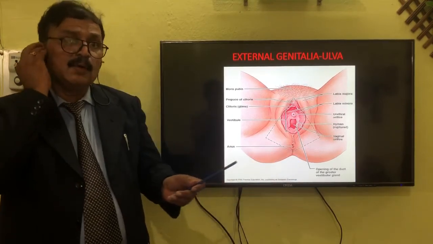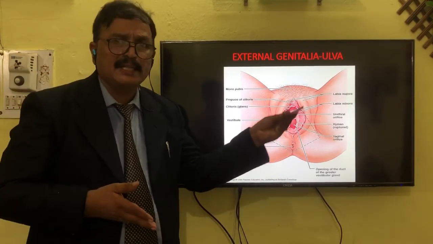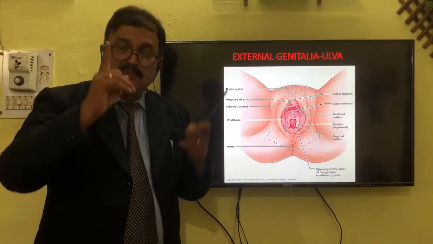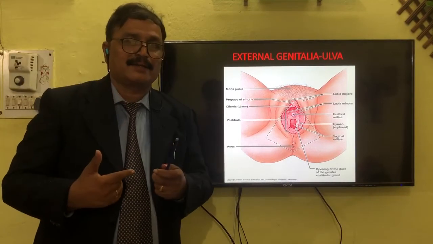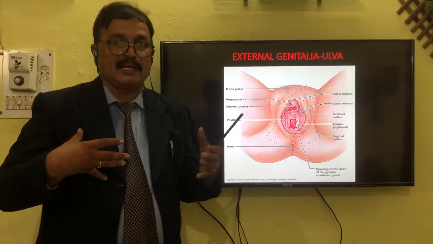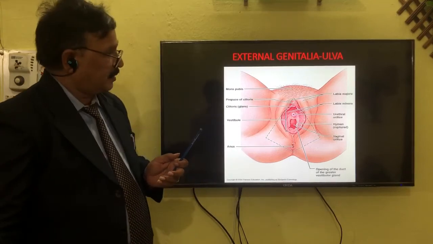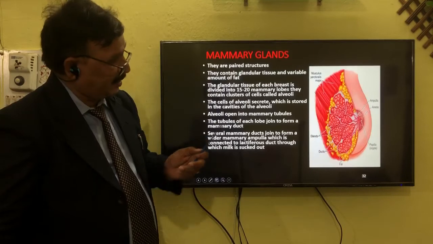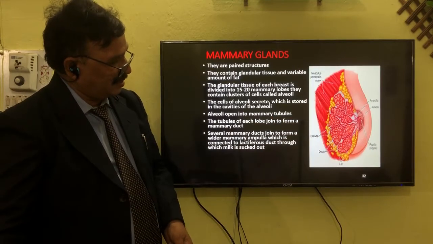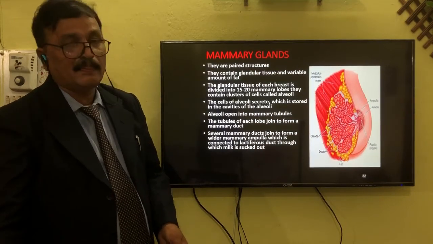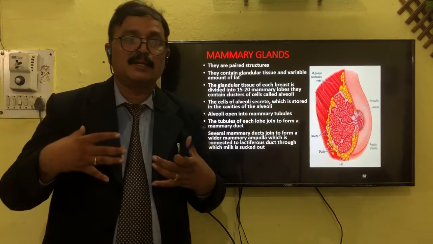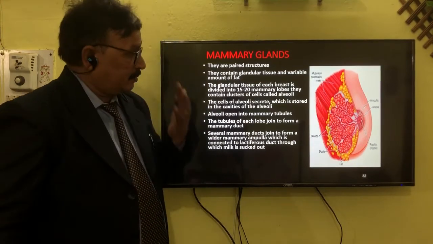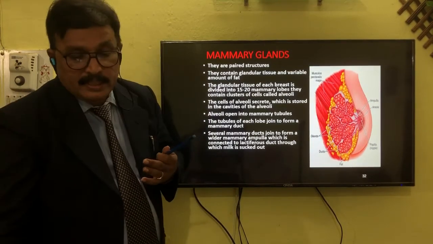But here, who will feed the baby? Do all these organs feed the baby? No. For that, there is another organ called the breast in the female. Let us see that also. Now, you see here, this is the breast. Now, we have a pair of mammary glands located in the breast.